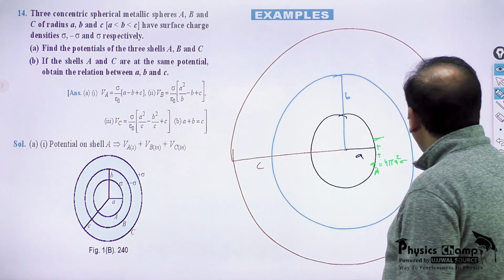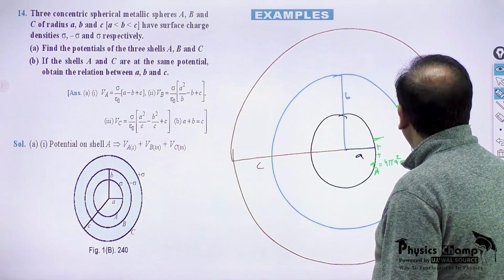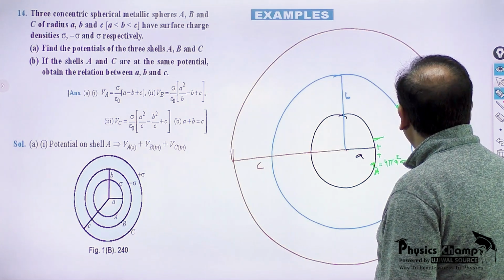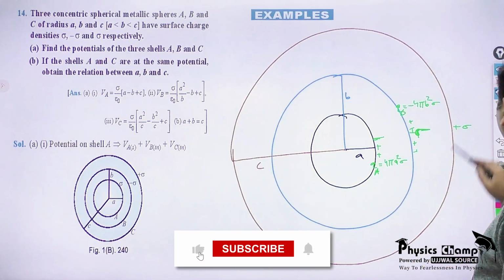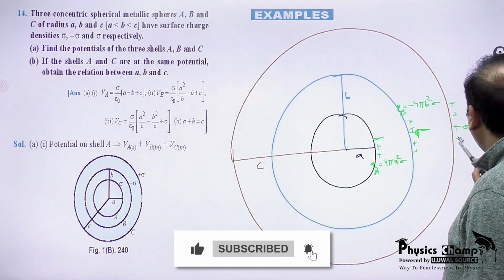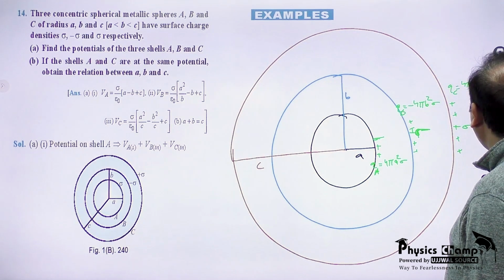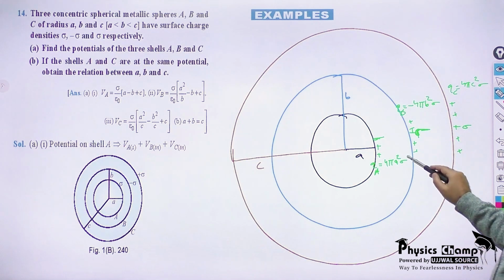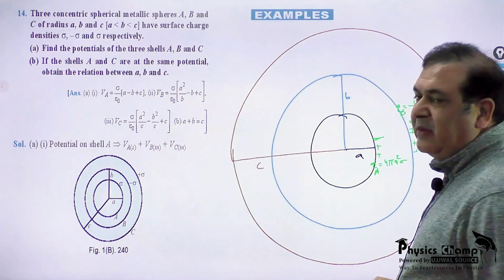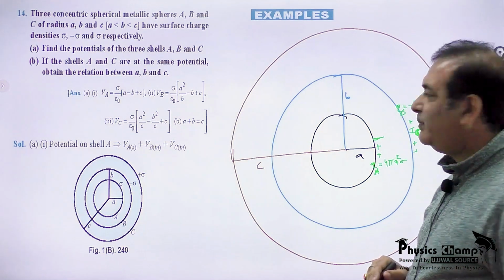The second shell will have a charge QB, which is minus 4 pi B square into sigma. And the third shell will have a charge QC, which is 4 pi C square into sigma.